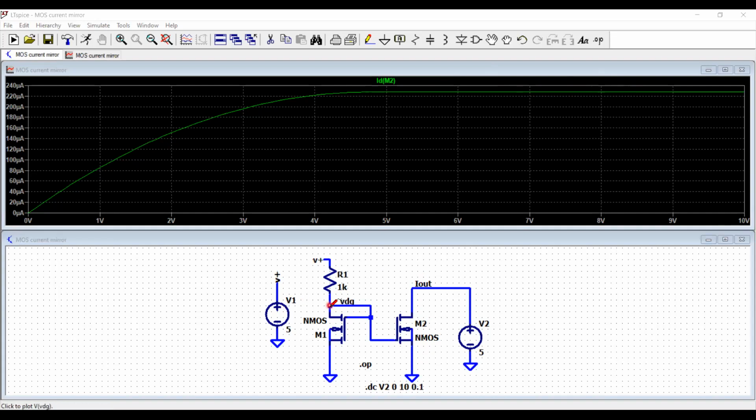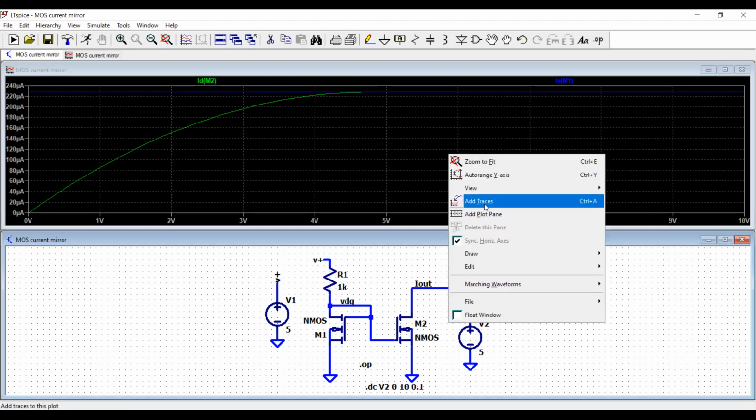How about plotting the current of the transistor M1, which is the blue line, which is constant at 230 microampere, which is 0.23 milliampere, which is what we saw through the operating point analysis. So this is how you can simulate your current and voltage characteristics.